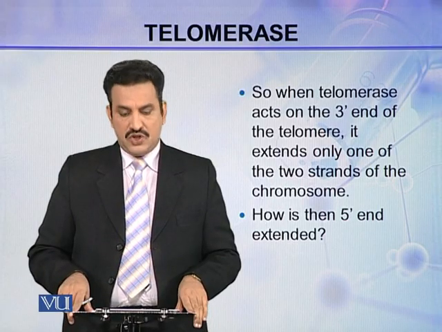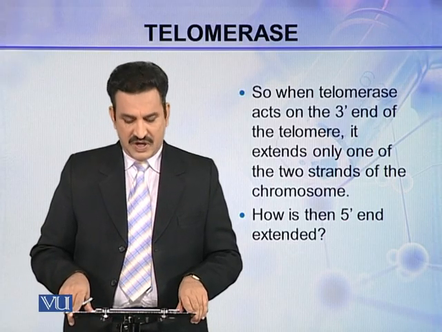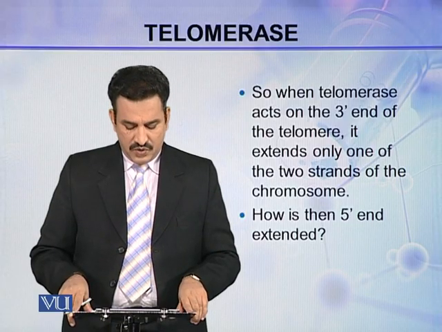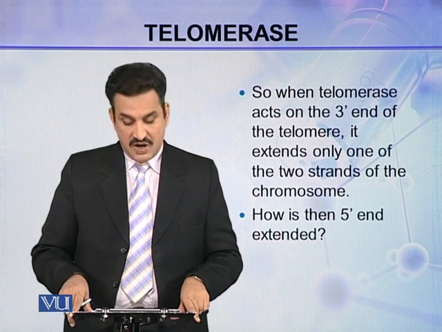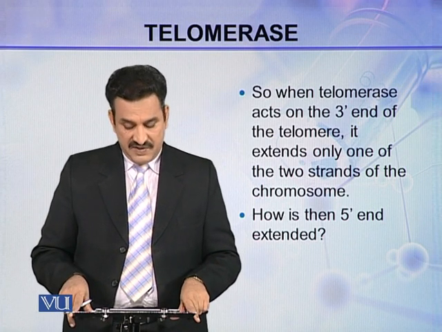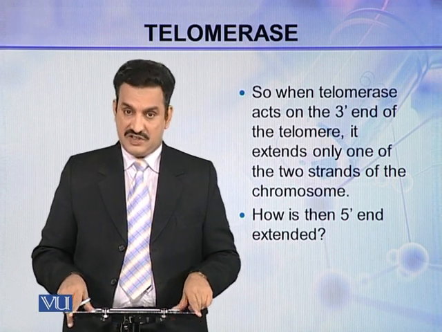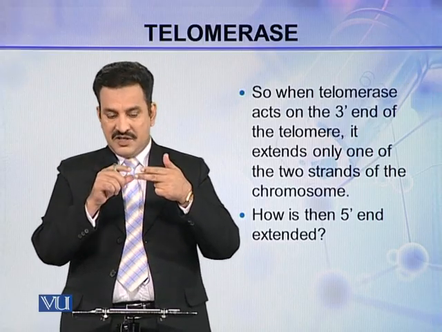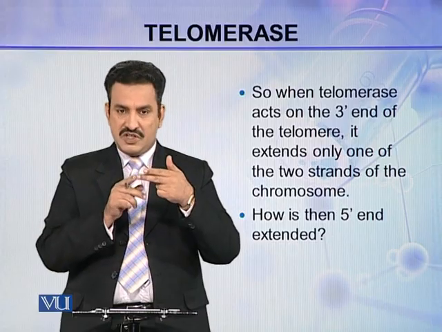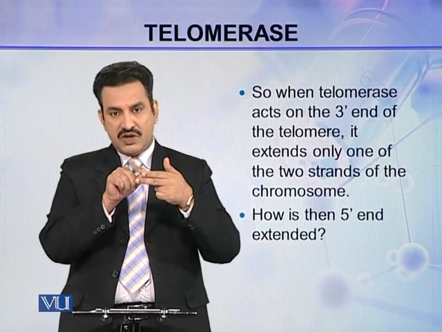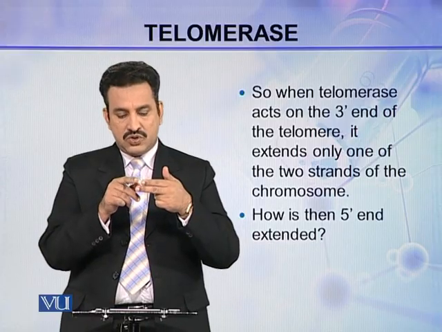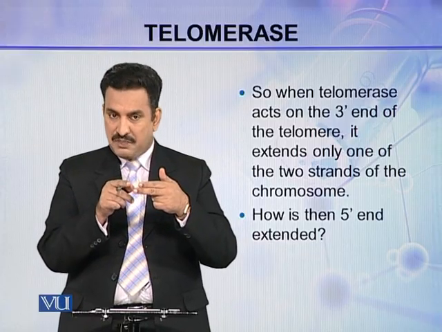When telomerase acts on the 3' end of the telomere, it extends only one of the two strands of the chromosome. Then how is the 5' end extended, the other strand which was already short? This was actually completed, and this strand, the 5' end, was already short. So how will this be completed?